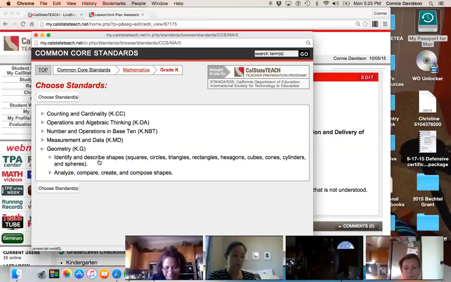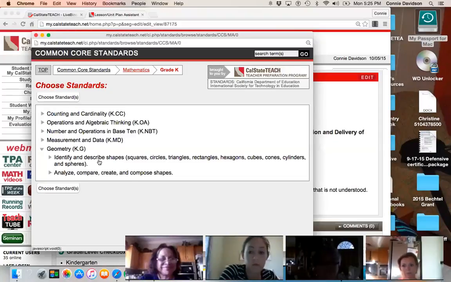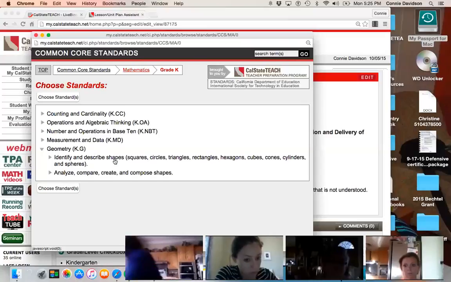And what is the content? The content would be shapes. That's right. Identify and describe shapes. Skill, content. That's it. That's a standard right there. The student will be able to identify and describe shapes. That's your measurable outcome.